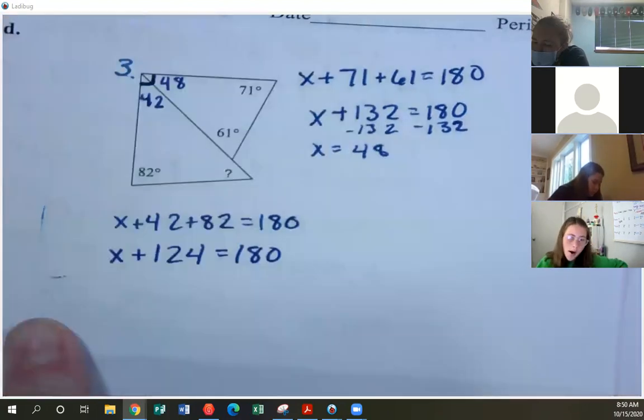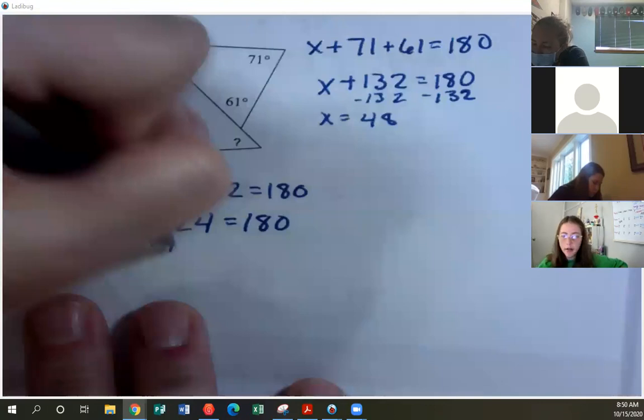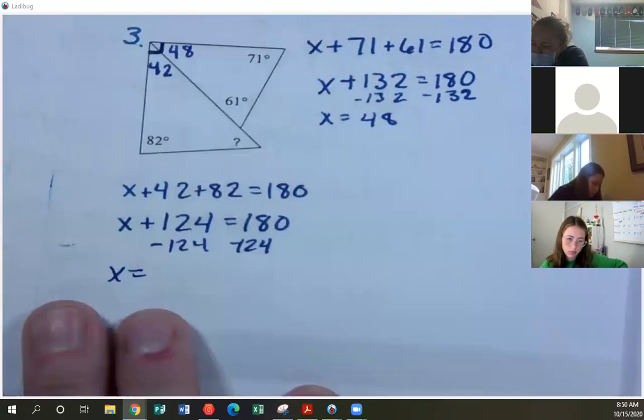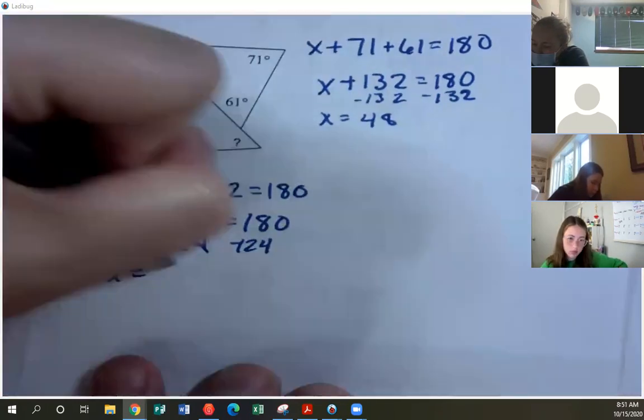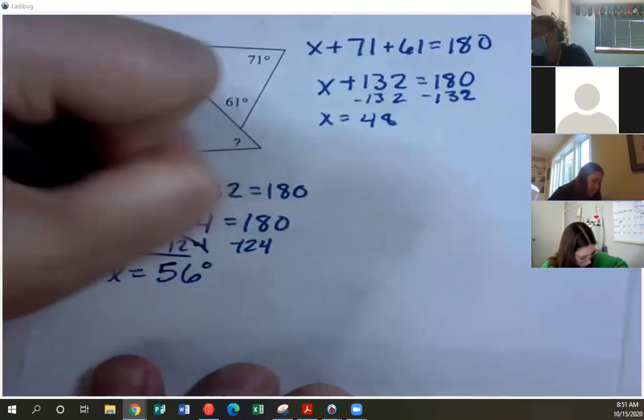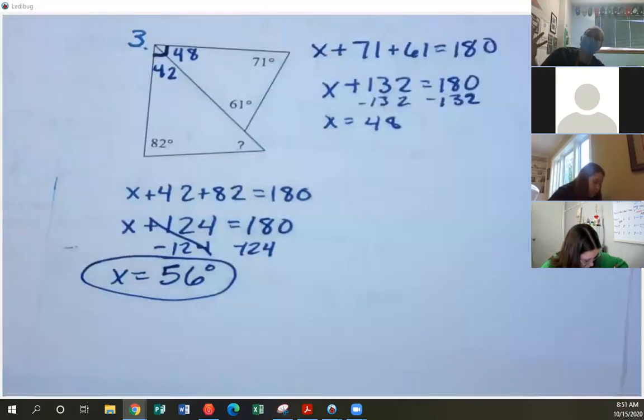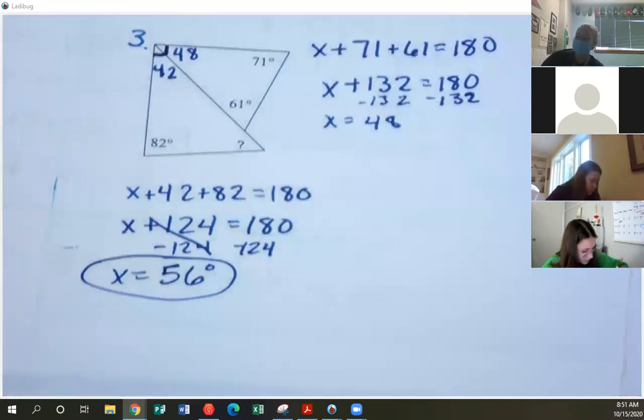And then subtract 124 on both sides. And then this is going to equal 56. But yeah, there's also a problem like that on your homework. I wanted to work one that looks like that.